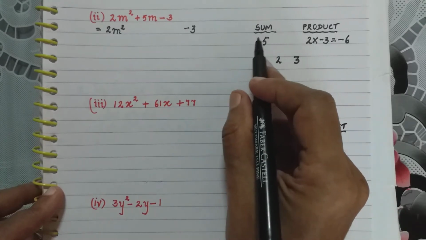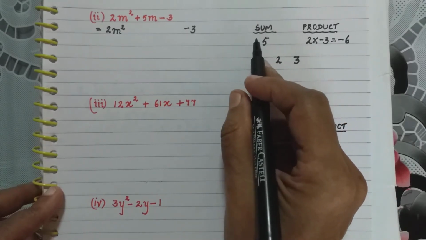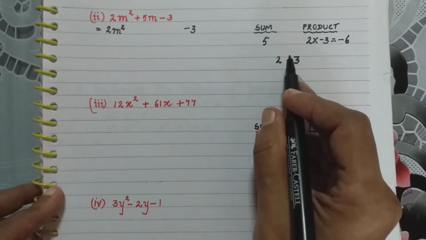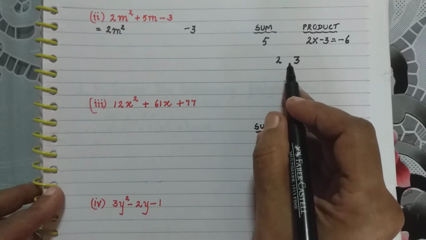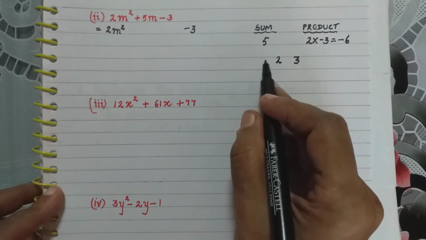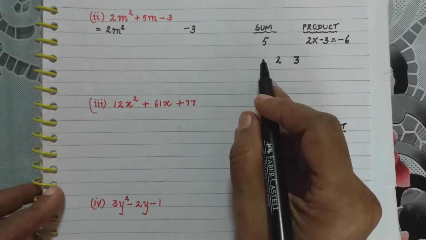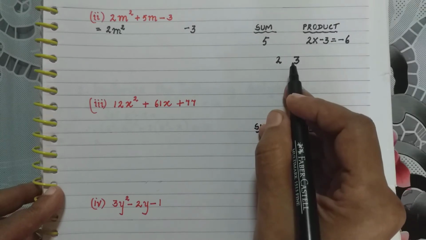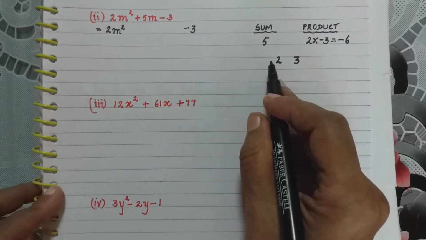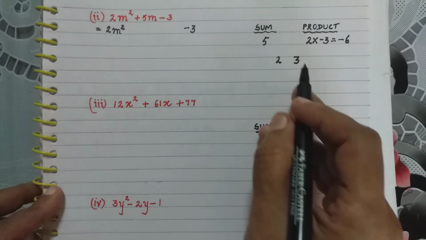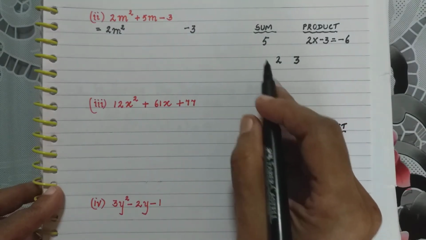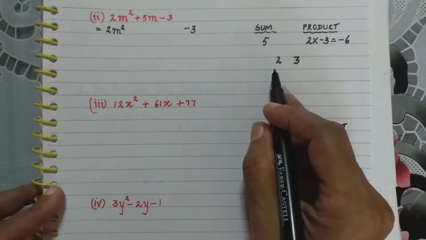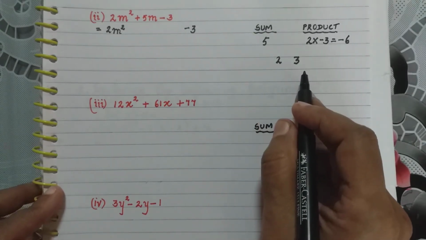Now the sum here is plus. So if the sum is plus, that means the bigger number should be plus. That means plus 3 and minus 2. But plus 3 into minus 2 will be minus 6. But plus 3 minus 2, will it be 5? Plus 3 minus 2 is just 1. It is not 5. So it cannot be that the factors are 2 and 3.